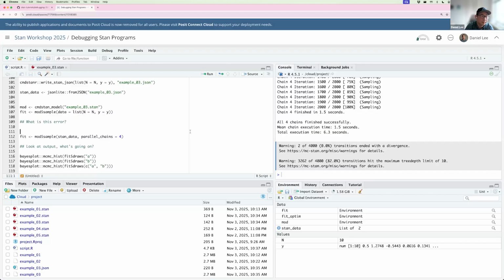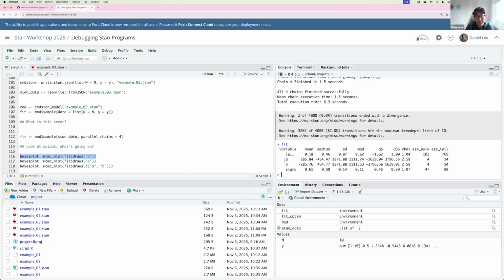All right. So what's going on? If we look, you see a bunch of transitions in divergence. Well, not that many in divergence, but a lot of them hit the max tree depth. If you look at fit, A is looking like it's minus 285 at the posterior mean. B is the negative of that number.